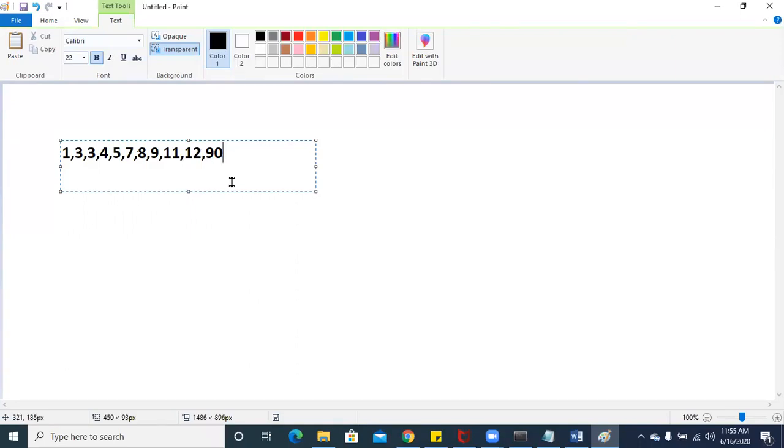Now, this is the median. Now, can you divide this part into two halves?